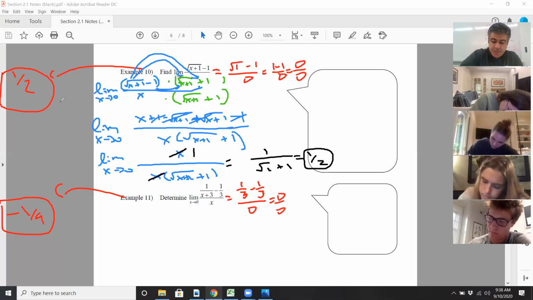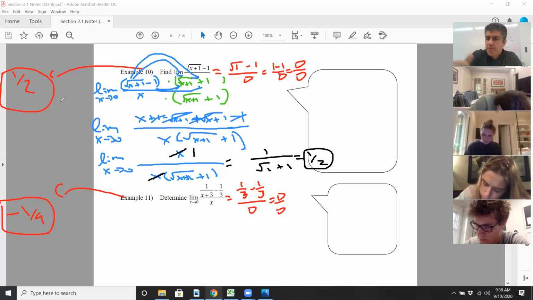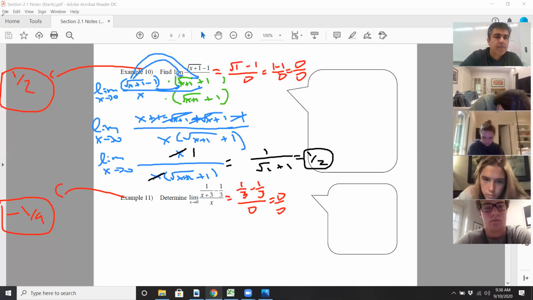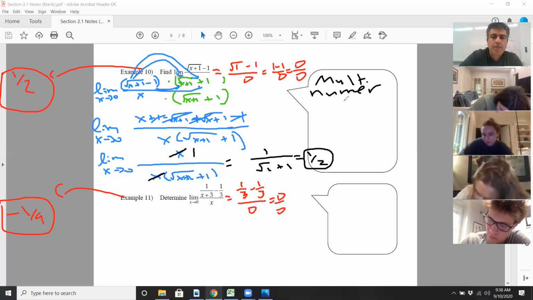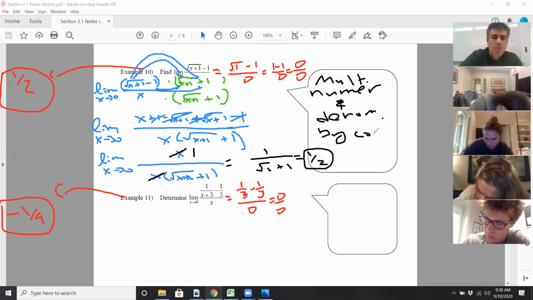So the trigger is, if you see a square root, try this process. Obviously, I can't factor here, so factoring won't work. But this is another thing I can pull out of my back pocket. So what we're doing is we multiply numerator and denominator by what we call the conjugate of the radical expression.